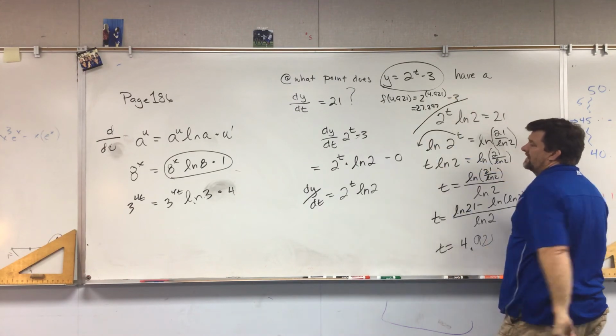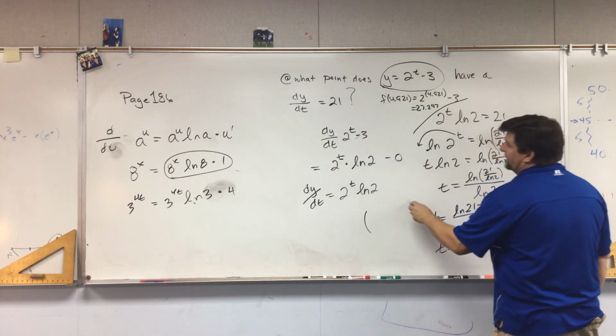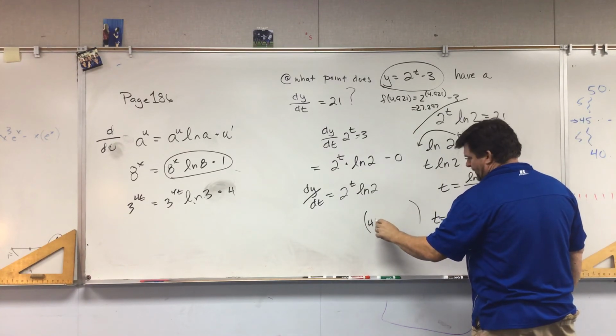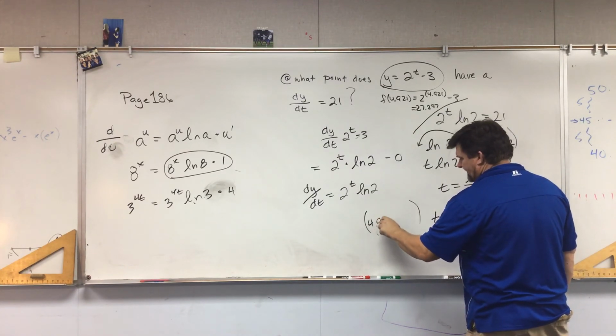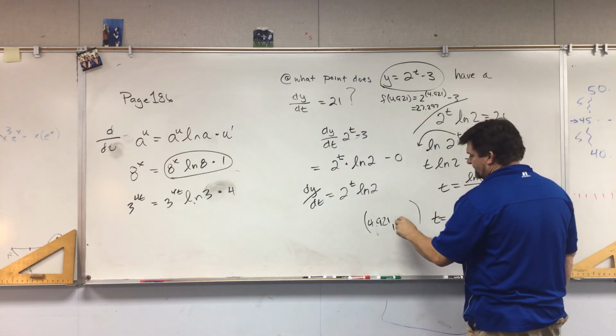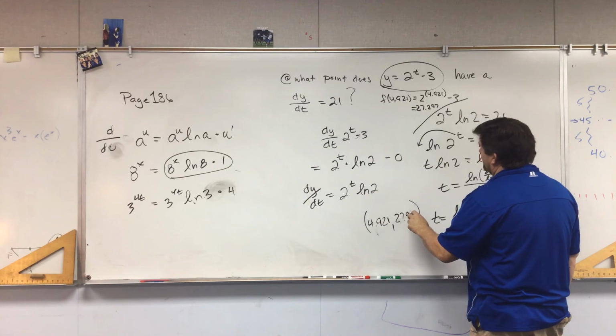Sorry guys, got a little crowded there. So my point, at what point does this happen? t is equal to 4.921, and my y value is 27.297.